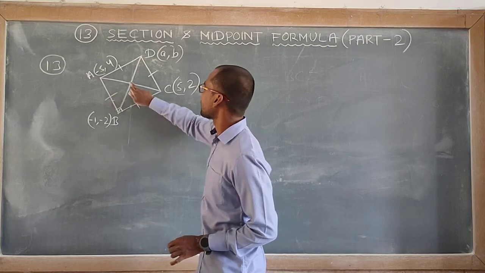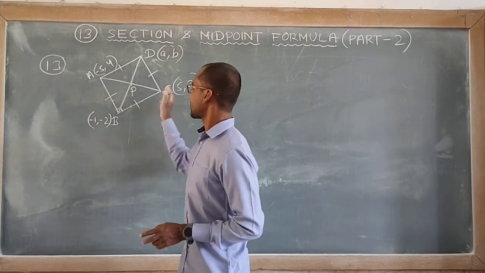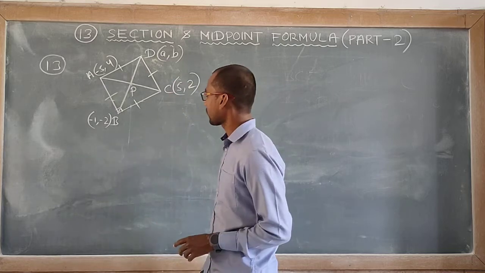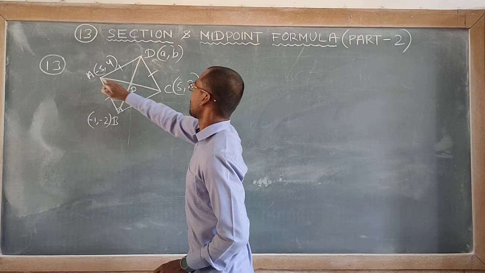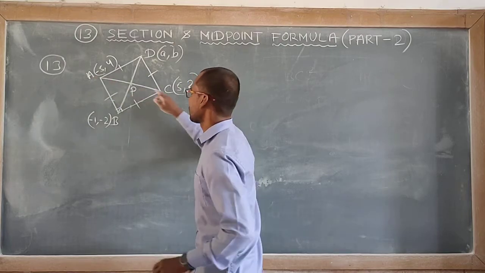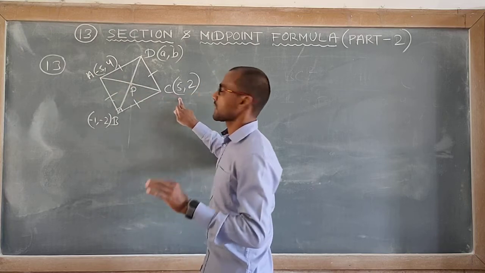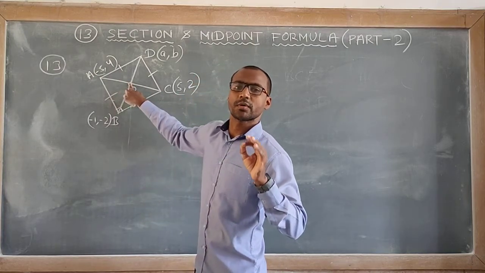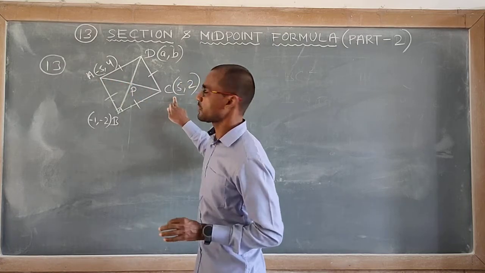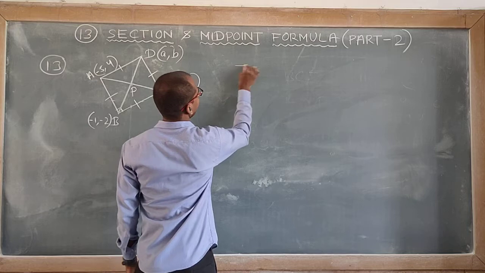Or P is the midpoint of both the diagonals which are AC and BD. So we can use midpoint formula here. So look at AC first. Assume that A is x1, y1, C is x2, y2, P is the midpoint. So find the coordinates of point P using A and C. Do not look at B and D now. So X for P, I'm writing.